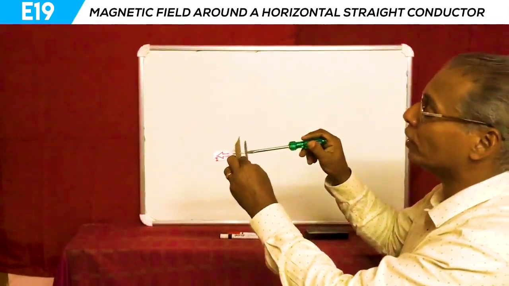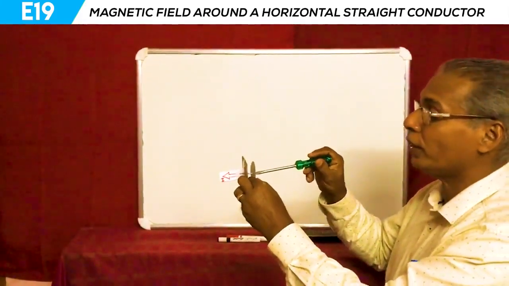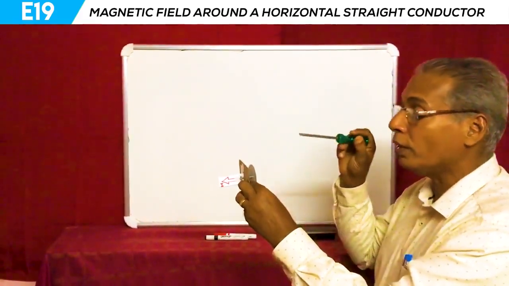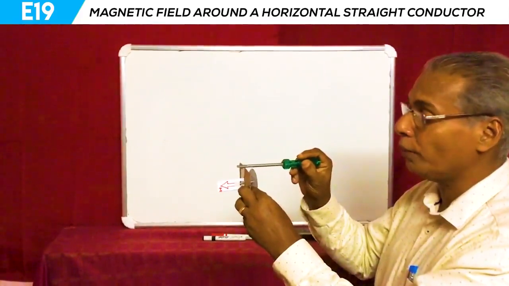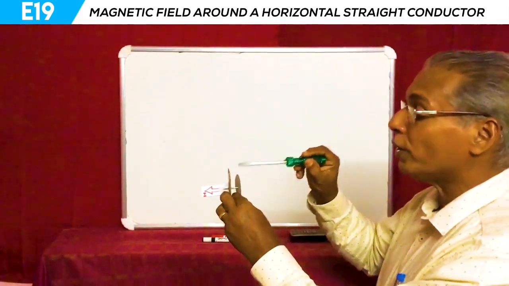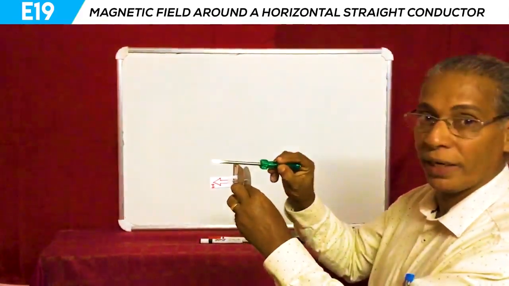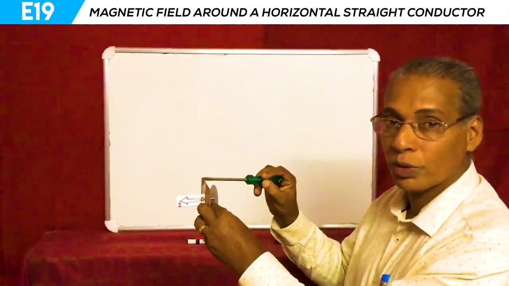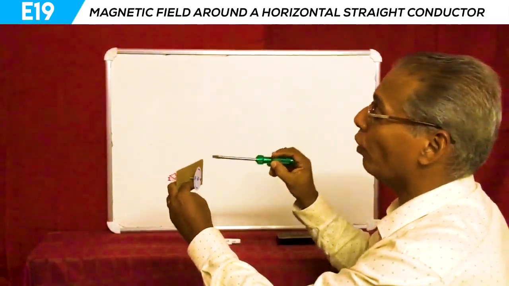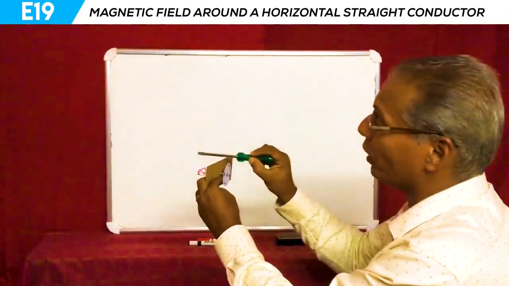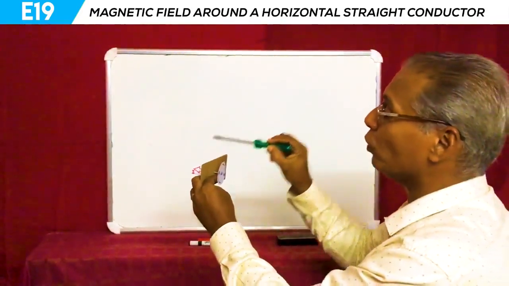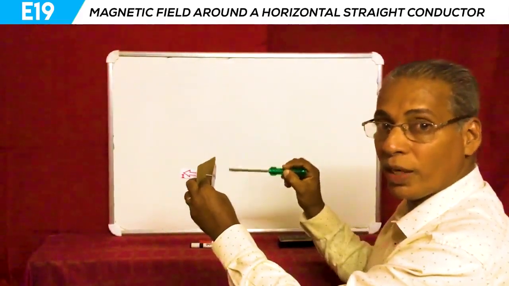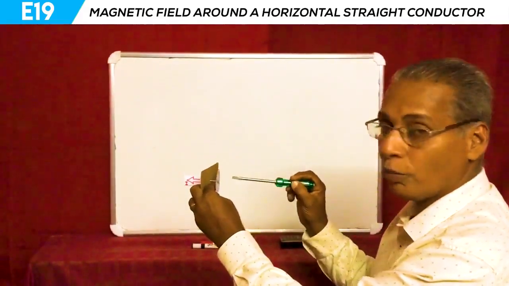So in both cases, whatever may be the direction of electric current, a magnetic field will be produced in a clockwise direction with respect to the direction of electric current. So when current goes in any direction, with respect to that direction, the magnetic field will be produced clockwise.